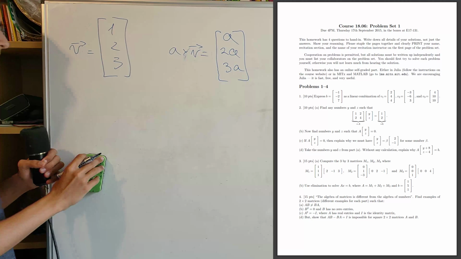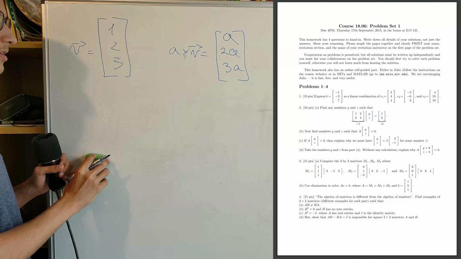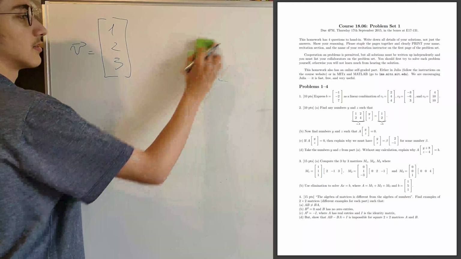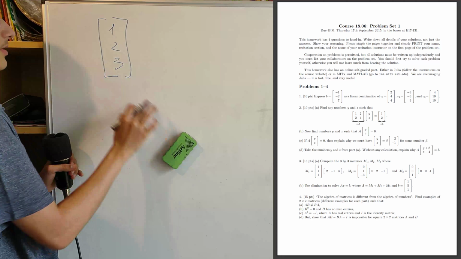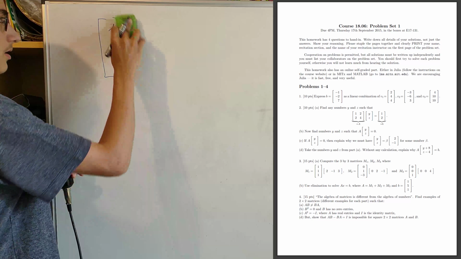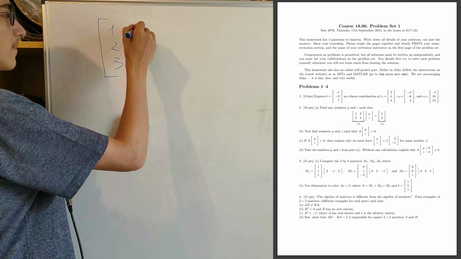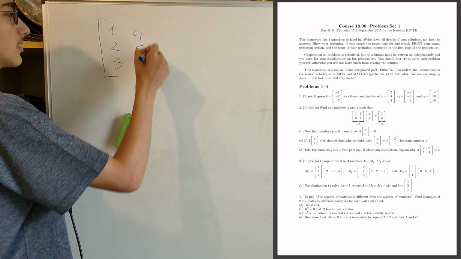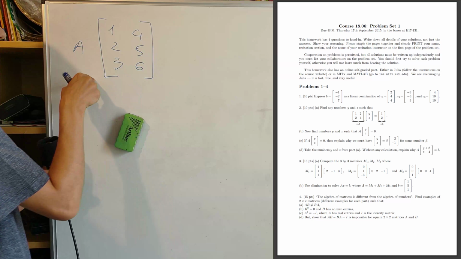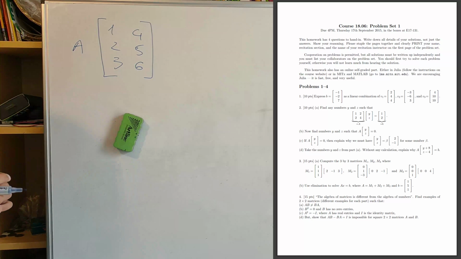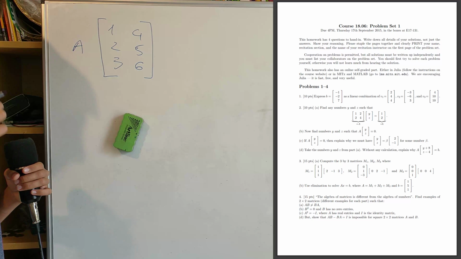If we take this to the matrix level, let's say this is matrix A: 1, 2, 3, 4, 5, 6. We want to take linear combinations of the columns of this matrix to get a vector.